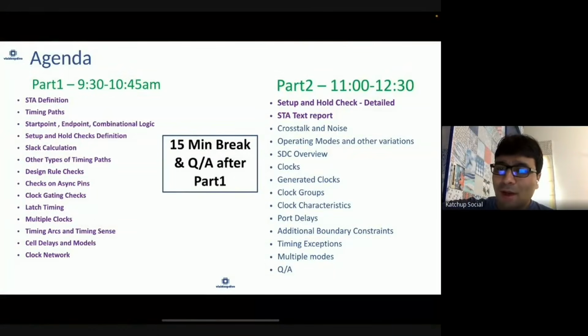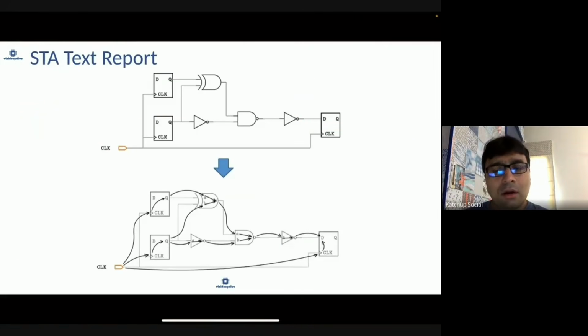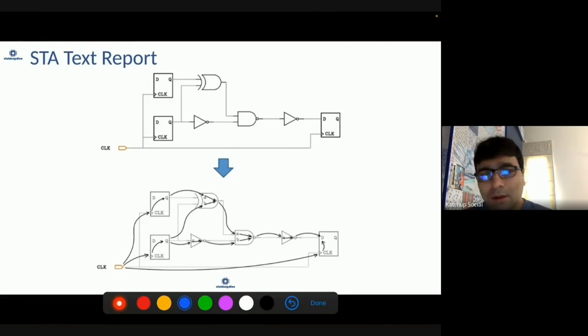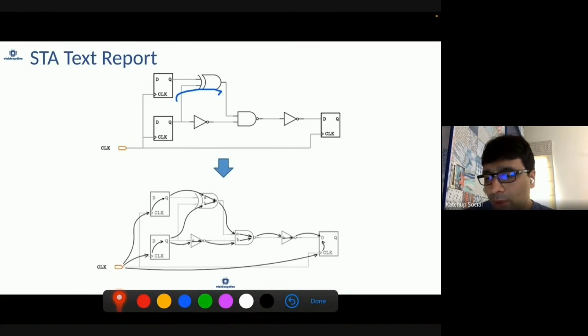So let's understand how the STA tool reports setup and hold checks. We have seen the pictures of the design which we have been looking at. Now, when STA does analysis and reports the timing, it first converts that logic into what are known as nodes, cells and arcs.